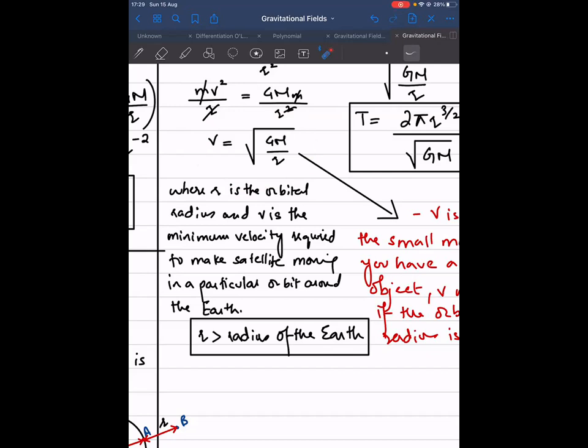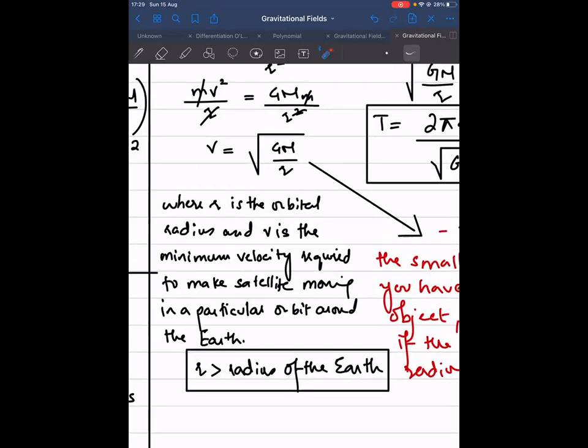Now interestingly, what you can see is that this velocity is independent of the mass of the satellite.